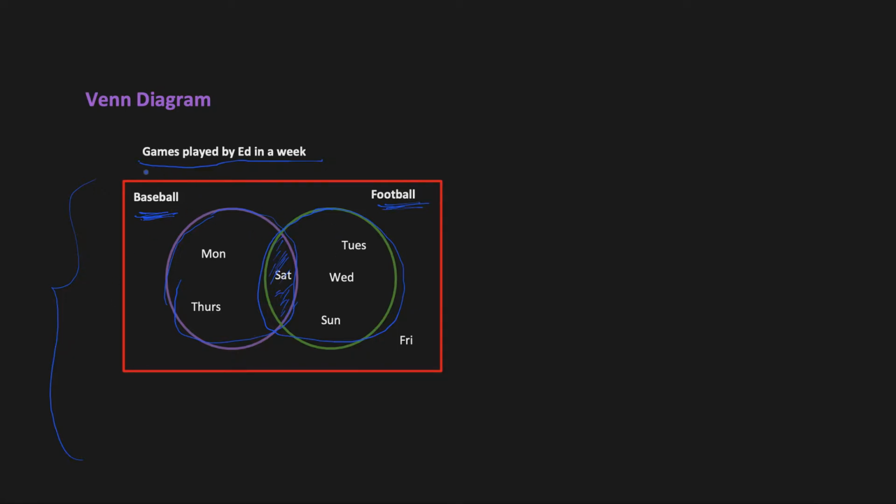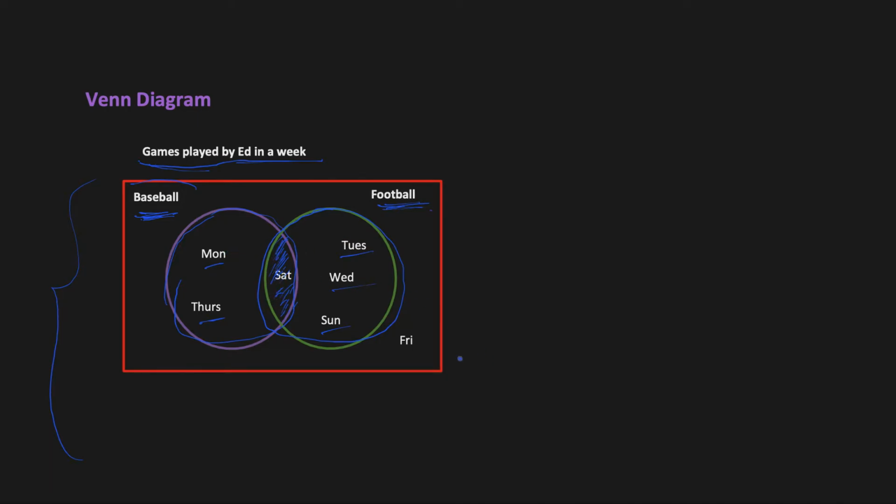Now this Venn diagram is a representation of games played by Ed in a week, and we can see that on Monday and Thursday Ed prefers to play baseball, and on Tuesday, Wednesday, and Sunday Ed prefers to play football. And then on Saturday, which is this common area between football and baseball, Ed prefers to play both the games.